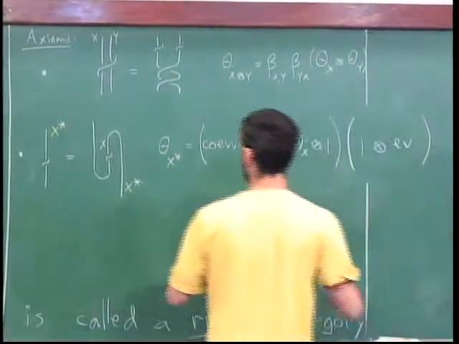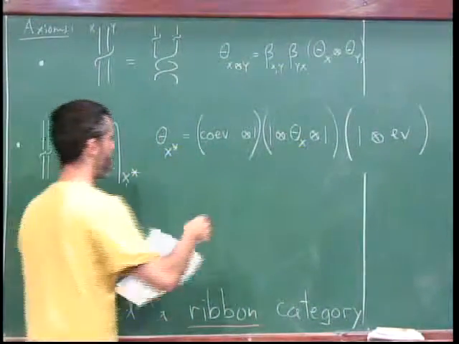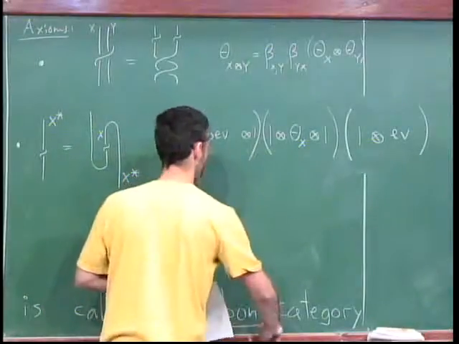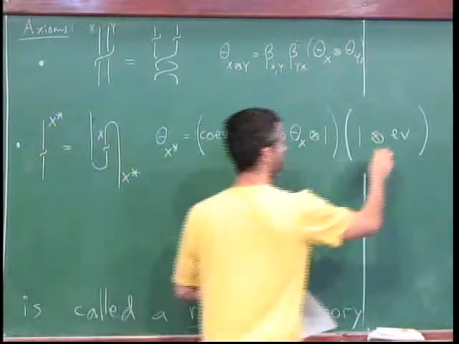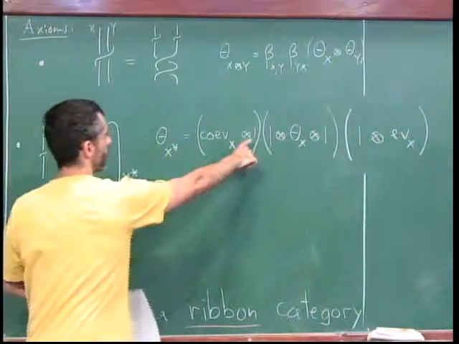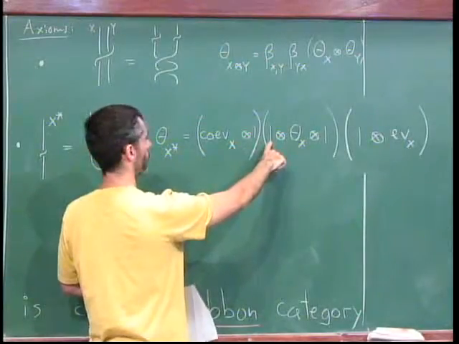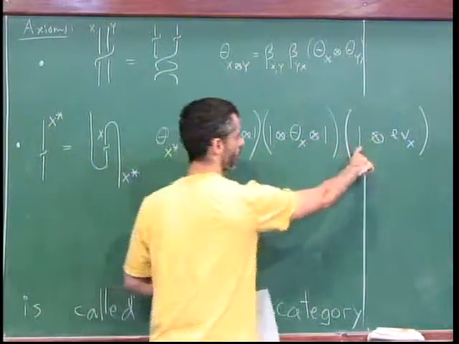If I want to be precise, the co-evaluation is here, so that's a co-evaluation for x. That's also the evaluation for x. And that's the identity on x star, and that's the identity also on x star.